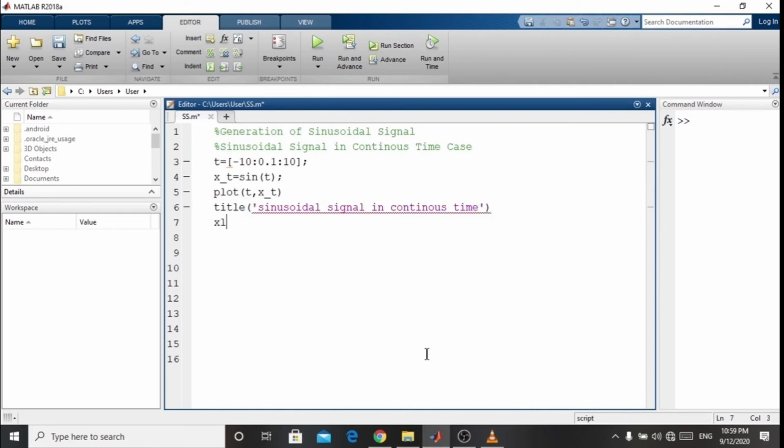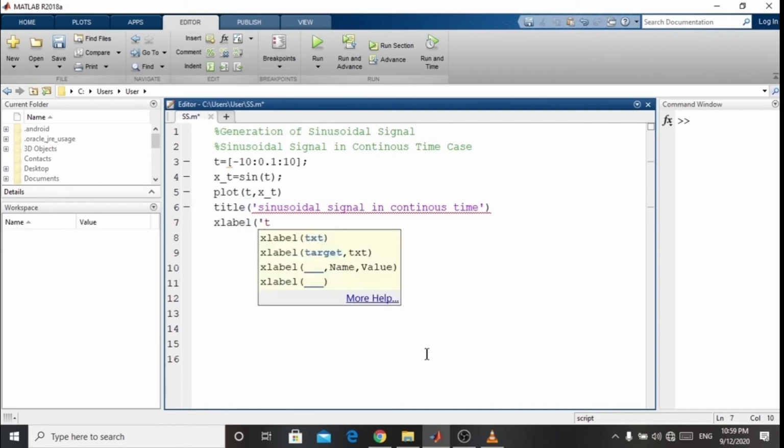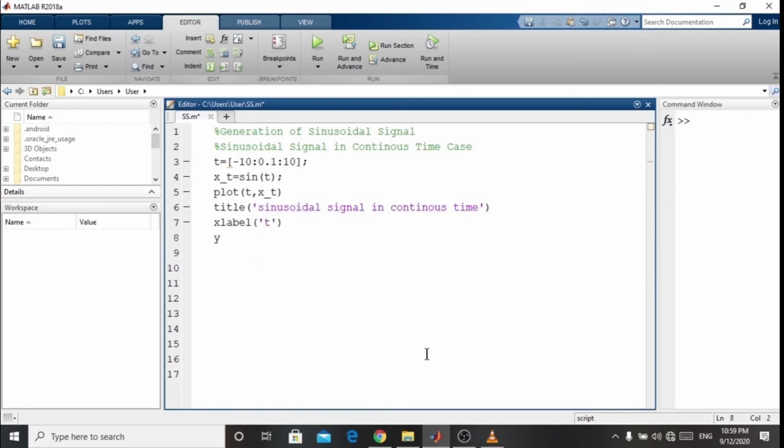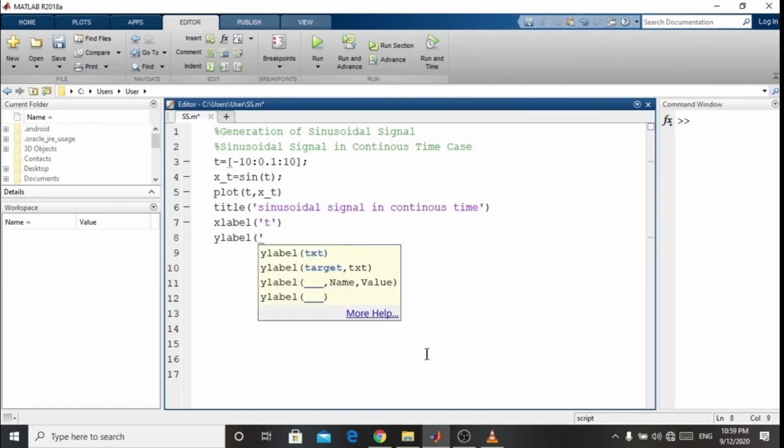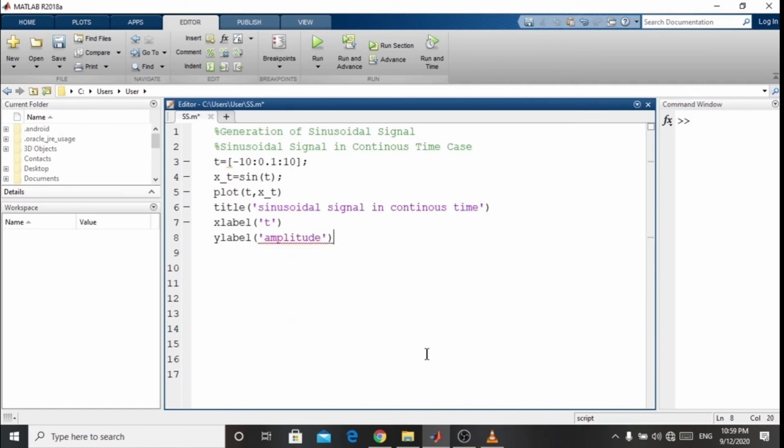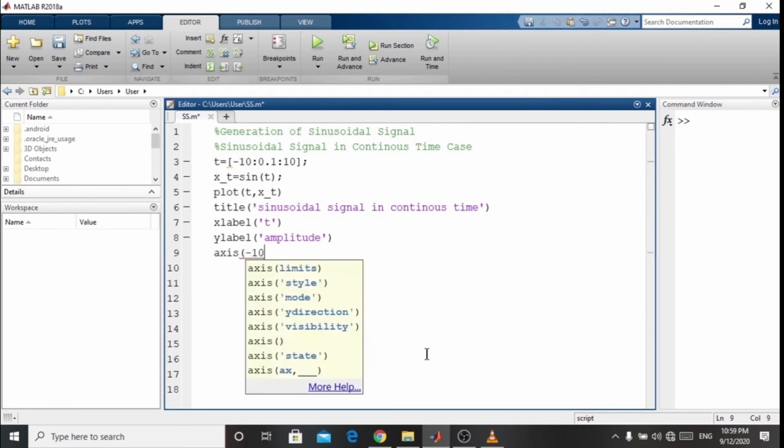Next, x label as t and y label as amplitude. Next, we can define the region of axis. X-axis varies from -10 to 10, and y-axis varies from -3 to 3.